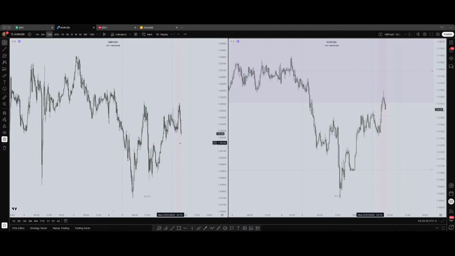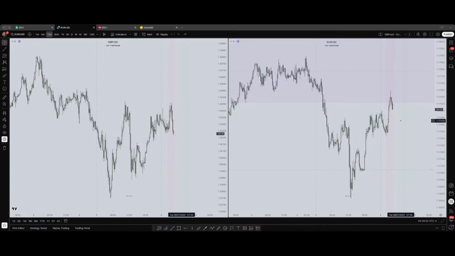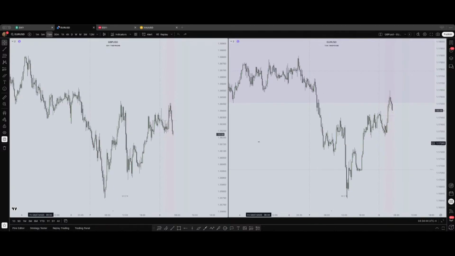Let me see here what's happening. So you can see now EURUSD is reacting. We have divergence also here.